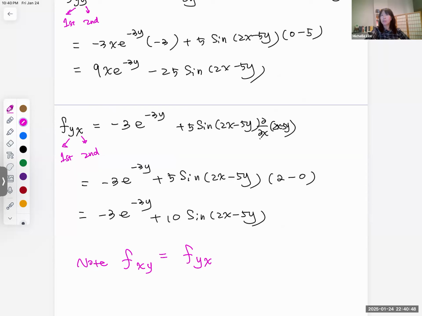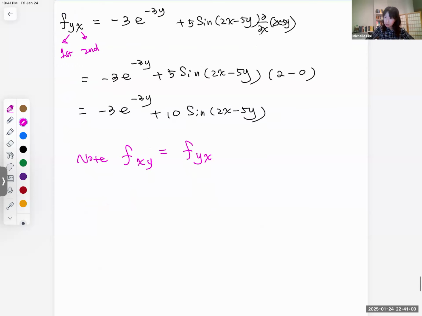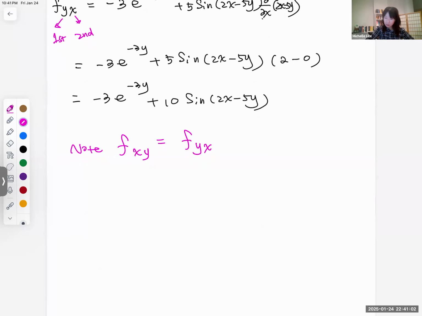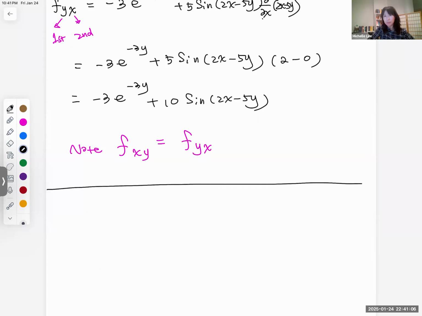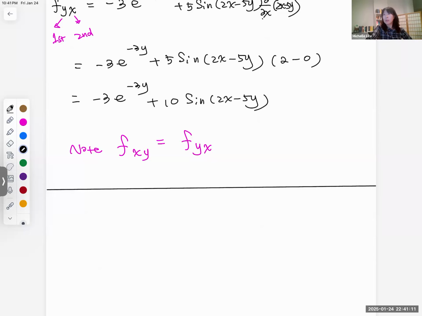Okay. Now, how about 3 partial derivatives? Let's do this one. Let me bring the example.